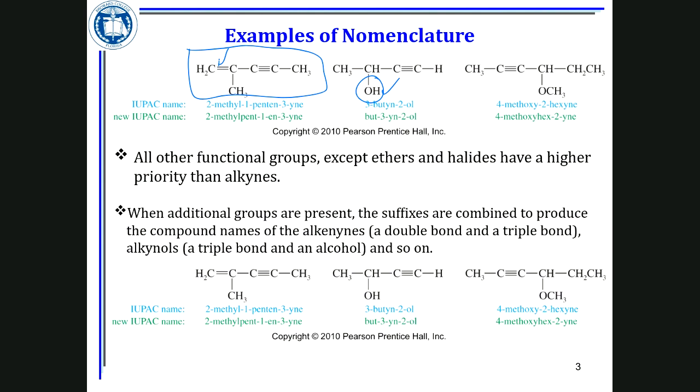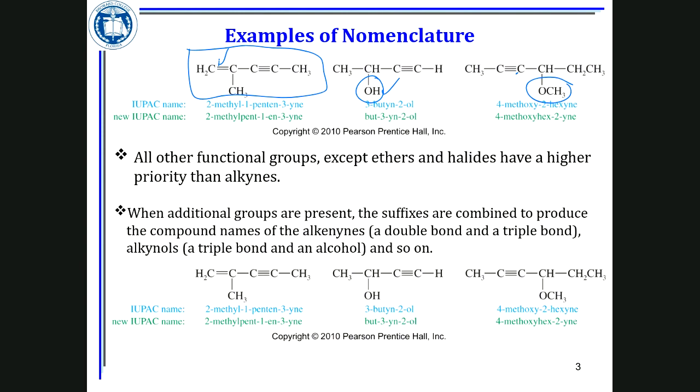Ether has lower priority compared to alkyne. Alkyl halide has lower priority compared to alkyne. So you start with alkane, then alkyl halides, ethers, then alkyne, then alkene, then alcohol. Alcohol has higher priority compared to alkene as well.